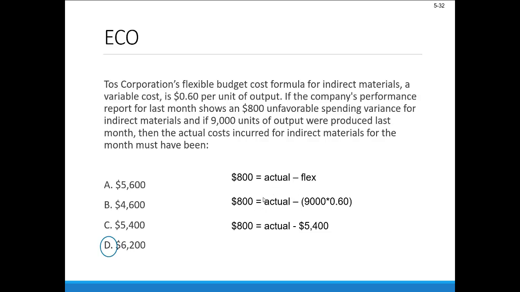Now, we don't know the actual result, that's what we're looking for, but we do have enough information to find out what the flex budget would have showed, and that would have been the cost formula of 60 cents per unit of output times the actual output of 9,000 units, so a total of $5,400. So moving down the line here, that means the $800 variance would be equal to the actual spend minus the $5,400. We back solve for actual there and we get the $6,200.